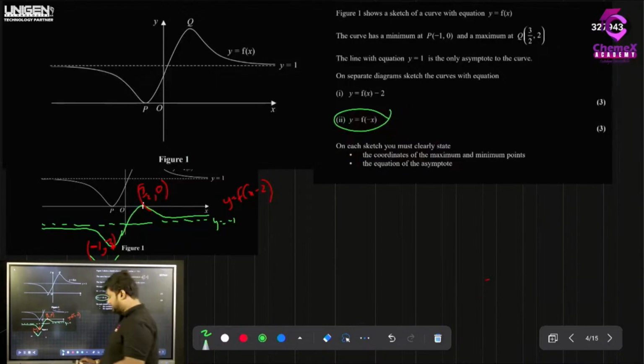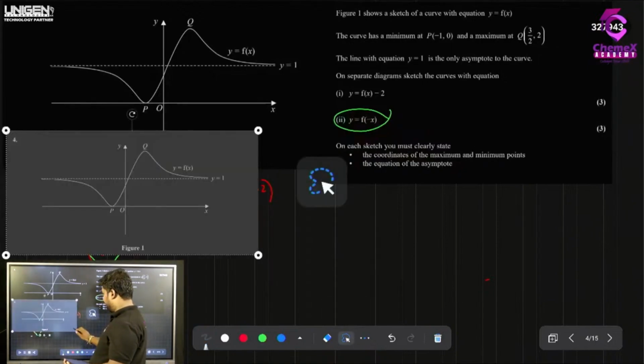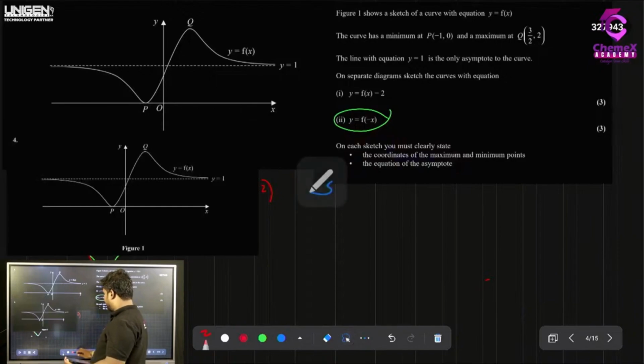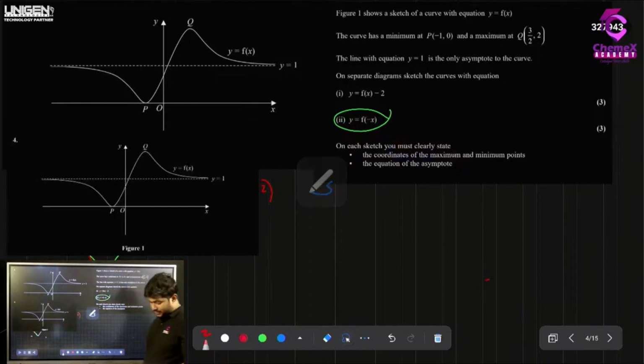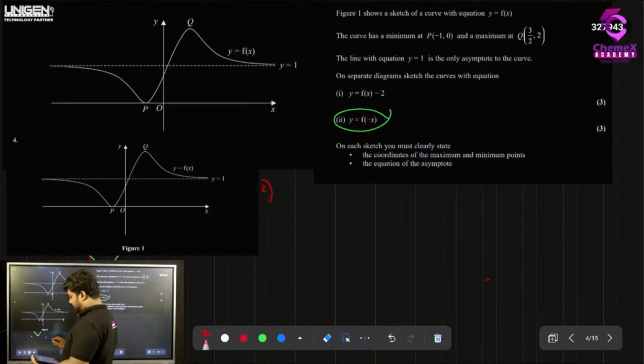All x values. So sir, for P, since the original coordinate is -1, that will become 1. Good. It will shift to positive 1, so it will be positive 1 here. That's gonna be P now. Then next Q, the 3/2 will be -3/2. (-3/2, 2), right?